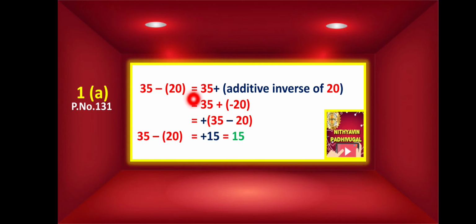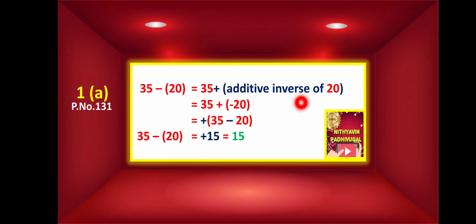35 minus 20 is equal to, we know the rule is to add the additive inverse of the integer to be subtracted to the other integer. Here 20 is to be subtracted from 35. So, add the additive inverse of 20 to 35. This can be written as 35 plus additive inverse of 20.